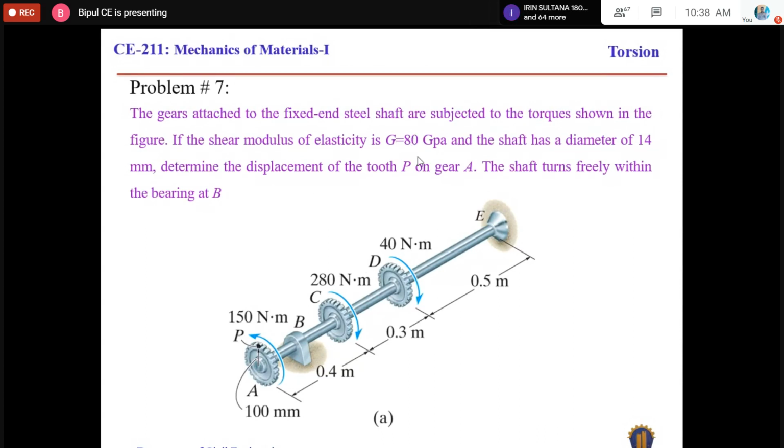The shear modulus of elasticity of the material of the shaft is 80 GPa, that means gigapascal, and the shaft has a diameter of 14 millimeter. It is a solid shaft.